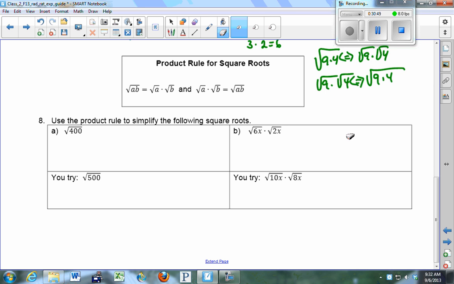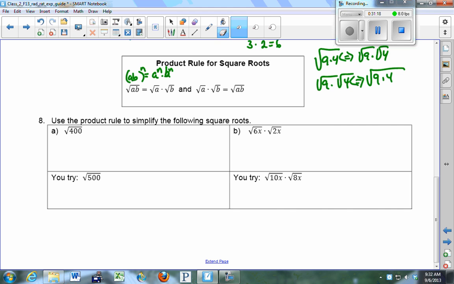And this is exactly the same as the exponent rule, the exponent rule that applies to a product. The only difference between this exponent rule and this product rule for square roots is one is written as an exponent and one is written as a radical, because that n, in this case, can be represented by 1/2.